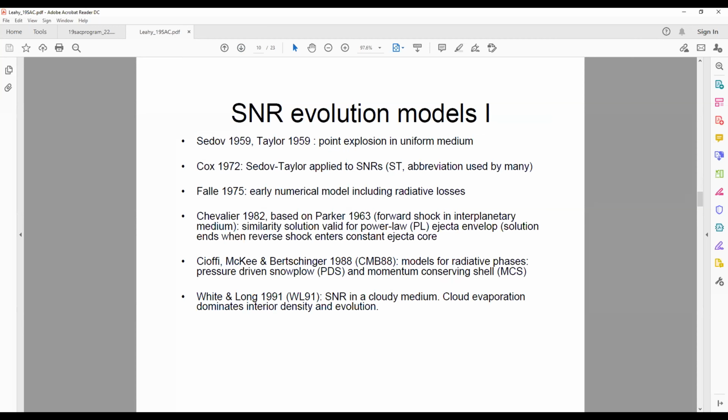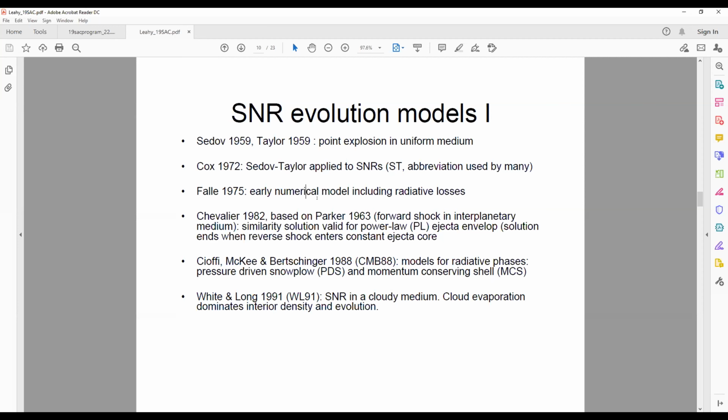Radiative losses were realized to be important to give slowing down of the shock and compression of the shell and producing optical radiation from cooling.